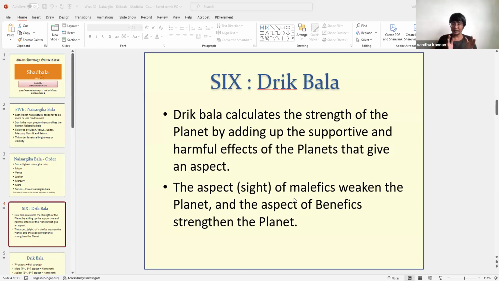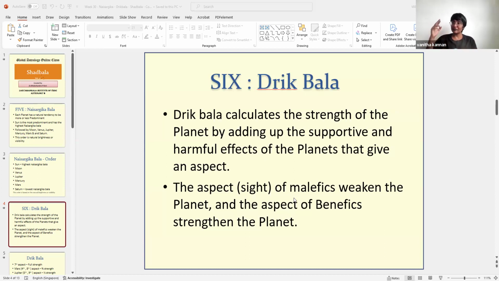Both are malefic, so that weakens the Lagna. Then you can ask me, okay, then the Lagna is weak. Can we conclude this with only Drikbala? No, we have to analyze more. But for the Drikbala, the Lagna is weakened based on the two aspects of the malefic planets.